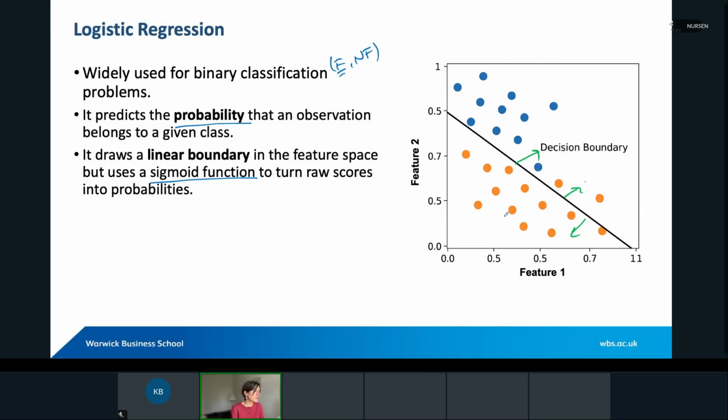And in order to return the probabilities, it uses a transformation. This transformation is done with the sigmoid function. I will not go into the details, but given the decision boundary, like W0 plus W1 feature 1 plus W2 feature 2, this is an equation that actually returns a number.